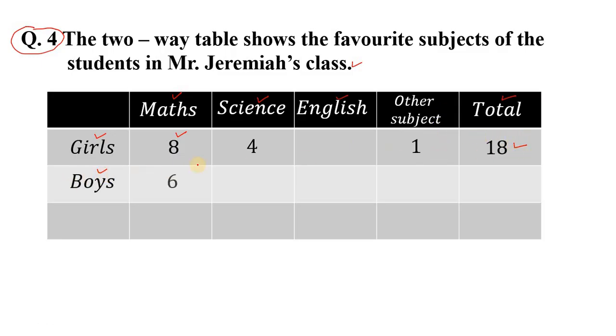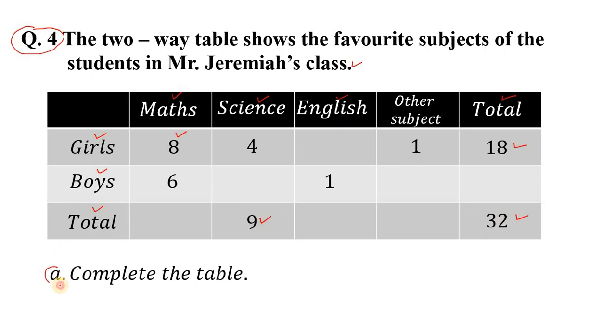Boys: 6 boys choose the math subject, 1 boy chooses English, and this is the total 9, the sum of these values equal to 9, and this one is 30. This is the required table.